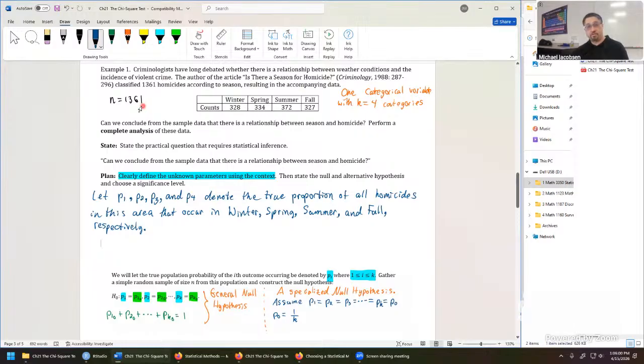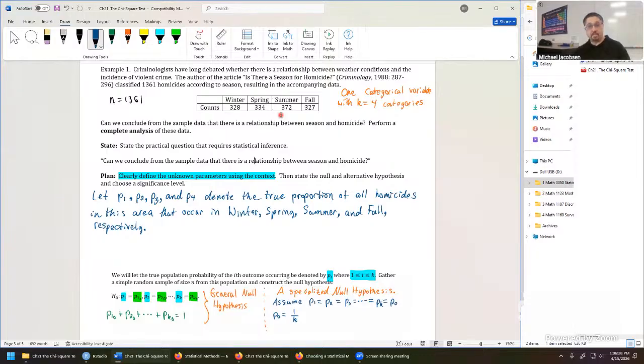We have classified 1361 observations, specifically homicides, according to one categorical variable with the outcomes of what season it fell under: winter, spring, summer, and fall. One natural question when we look at these data is, notice there's a slight bump in summer. Slightly more incidences of homicide occurred in that particular season.